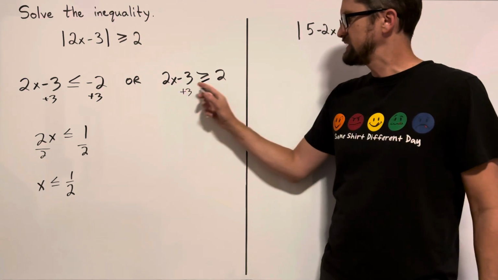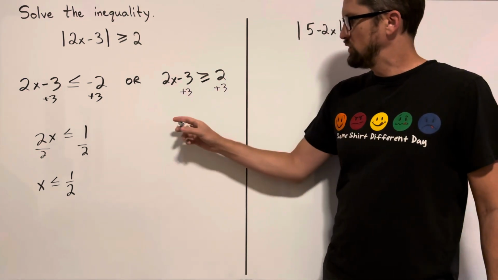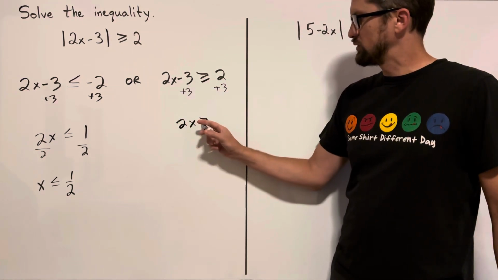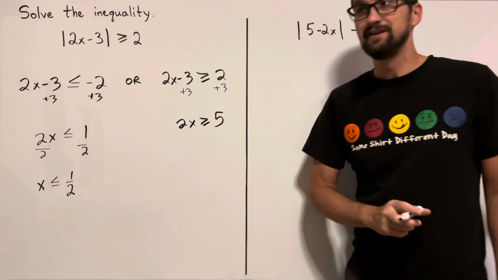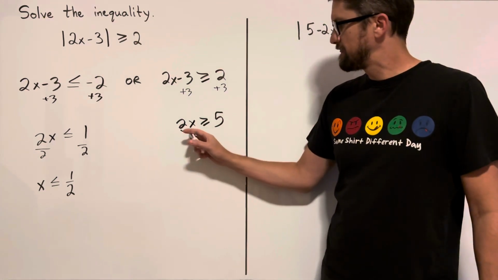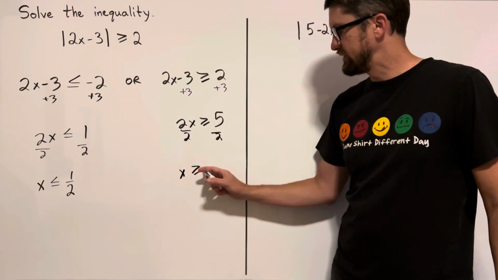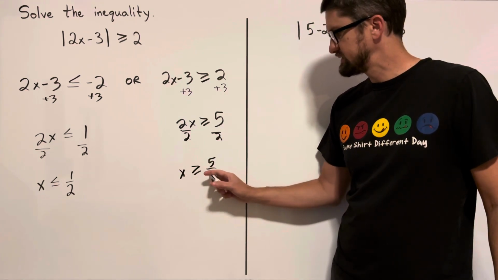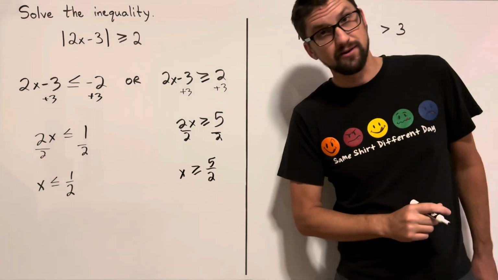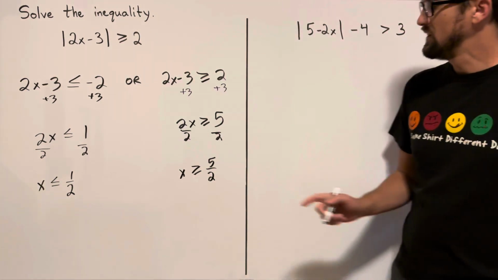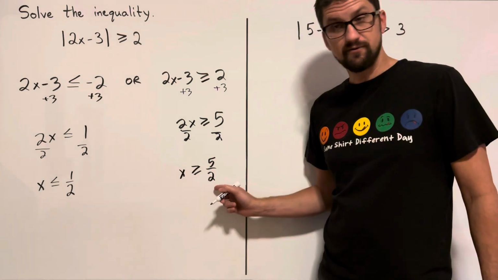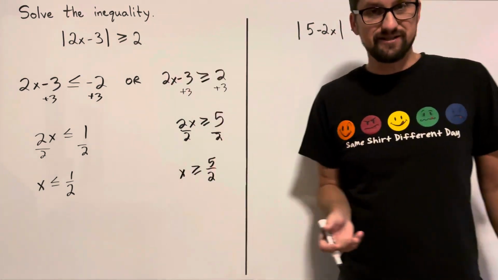Add 3 on both sides. We get 2x greater than or equal to 5. Then dividing by 2 on both sides, we get x greater than or equal to 5/2. 5 divided by 2 is 2.5. So if x is greater than or equal to 2.5 or 5/2, it also makes the inequality true.